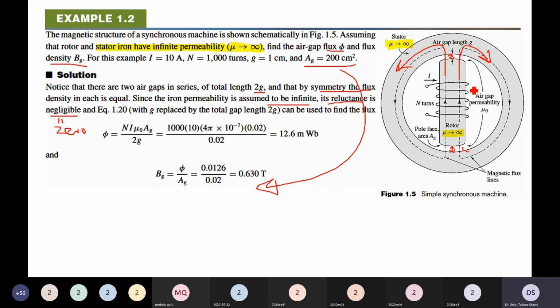However, the dominant reluctance is always of the air, and we have to take into account the reluctance of the air. So these are two important conclusions from example 1.2.